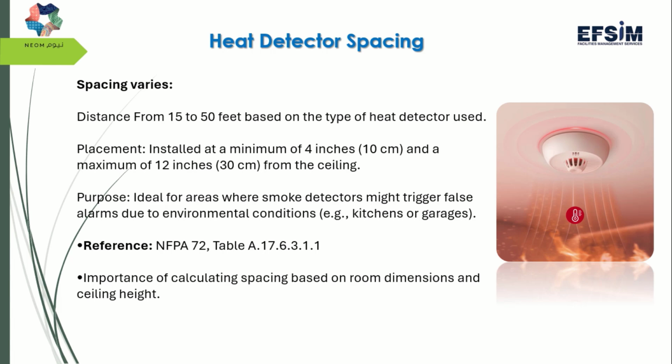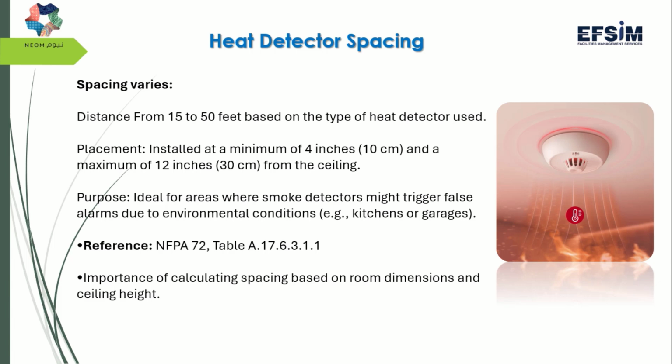The distance of a detector to utilize is 15 to 50, based on the type of detector utilized. Installation, the placement: the heat detector should be installed at a minimum of 4 inches and a maximum of 12 inches from the ceiling.